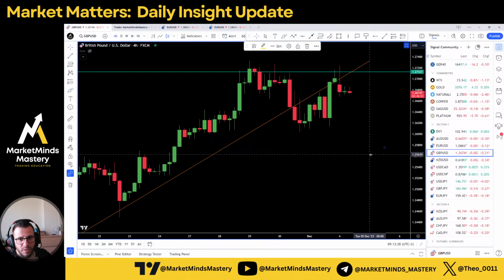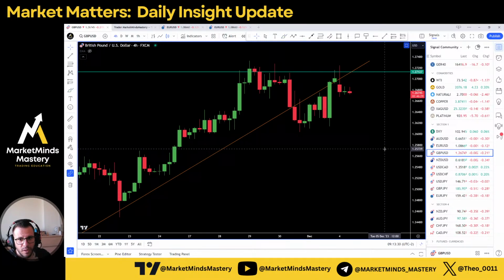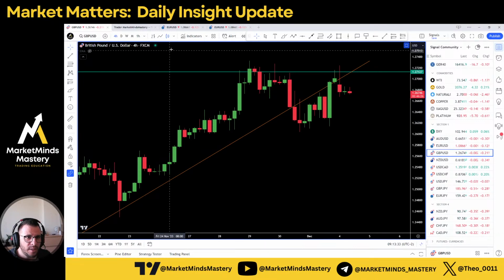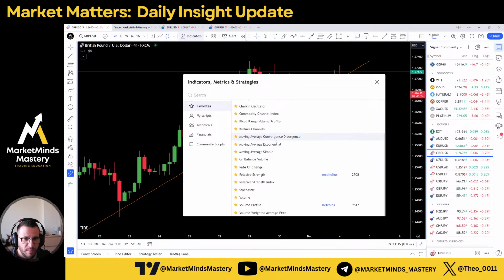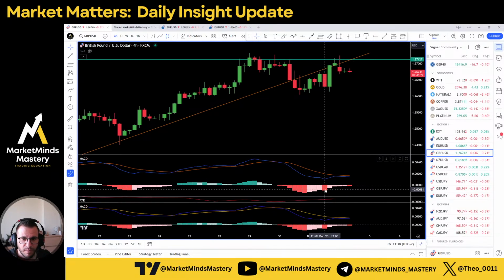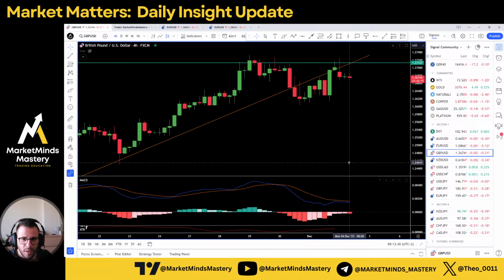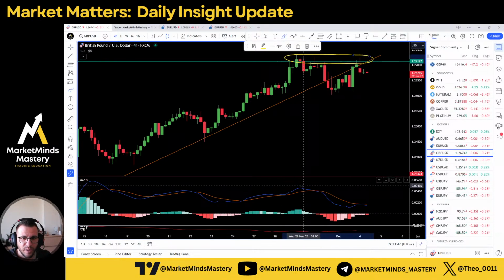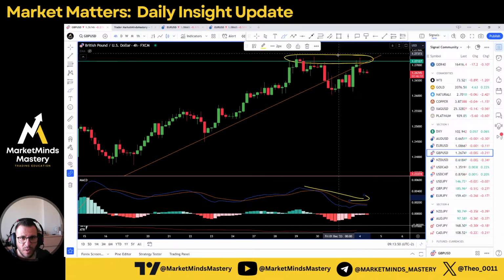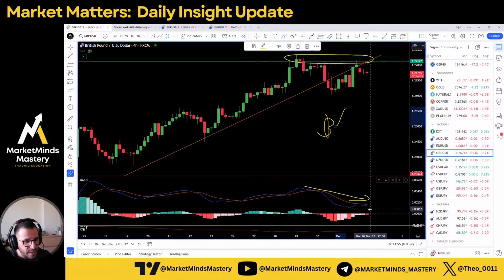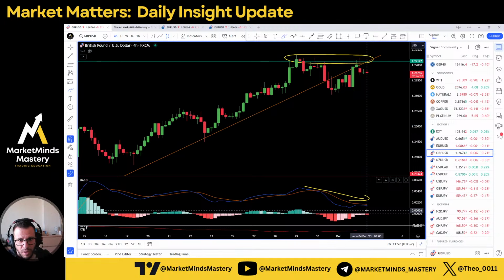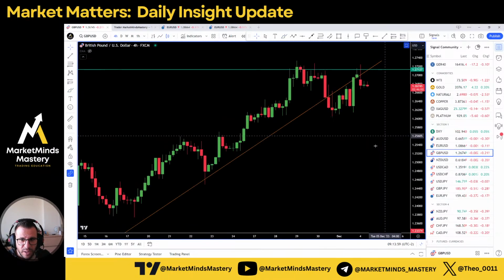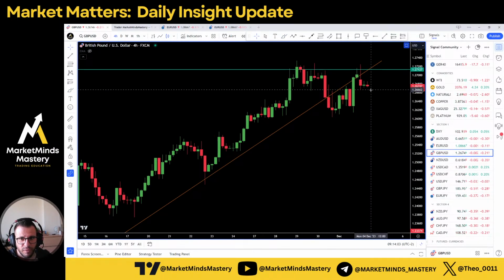If we use an indicator, let's say the MACD, we will see that there is a bearish or negative divergence. So price makes an equal high, and that's a B class divergence, because price makes an equal high and the indicator makes lower highs. Still divergence, a very strong signal for short.